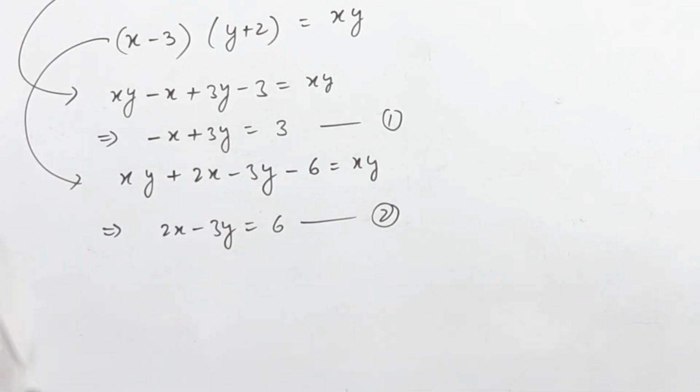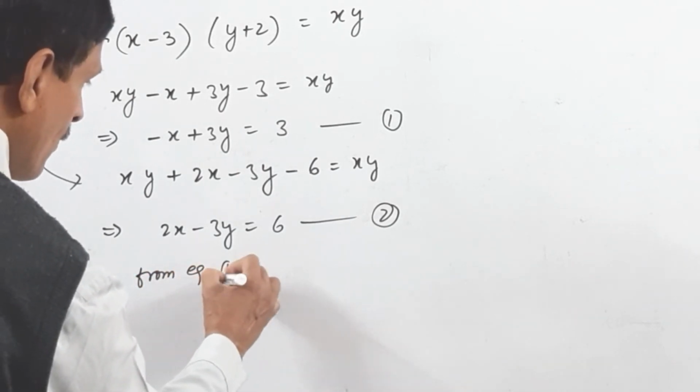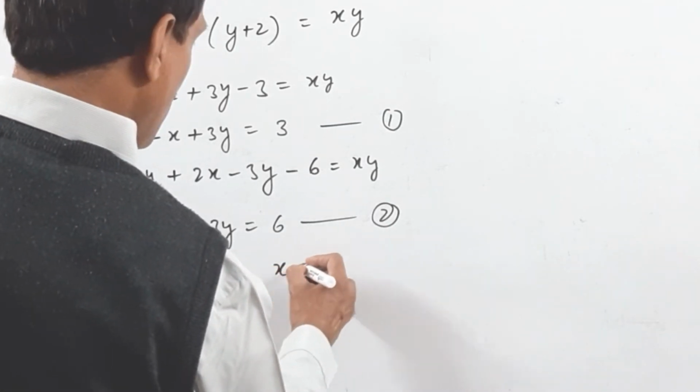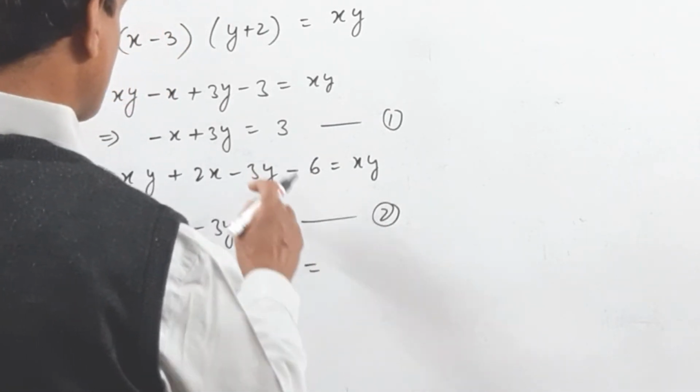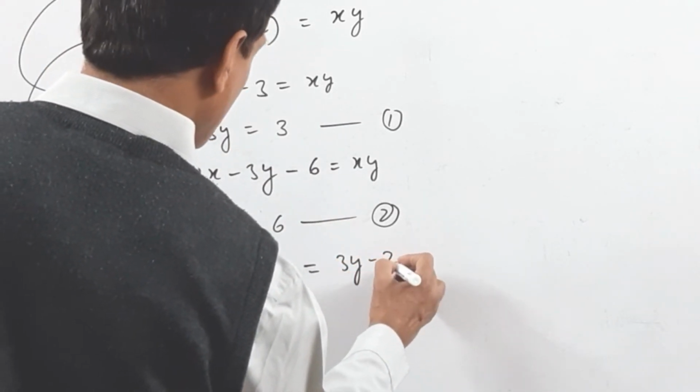Now from equation 1, x is equal to 3y minus 3.